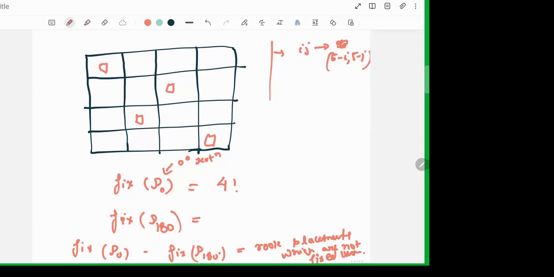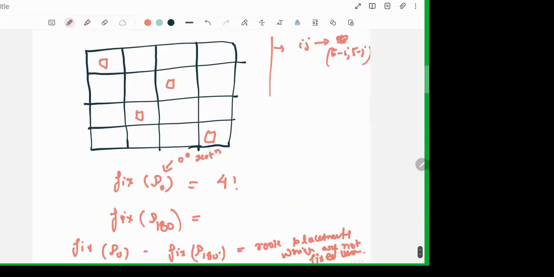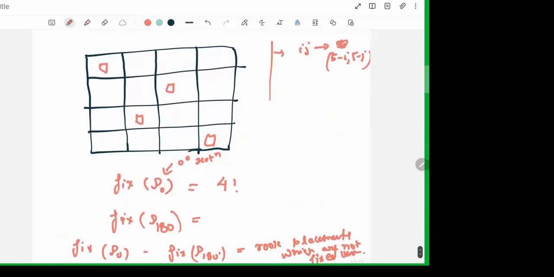But I haven't said all the rooks have to be to the right of this. The problem doesn't say that. If you want to place all four rooks, first one I can place anywhere. Like this kind of arrangement I can also do, right? One here, one here, one here, one here, something like that. This is also fixed under 180, I guess. Yes, this is fixed under 180. Yeah, this is correct.